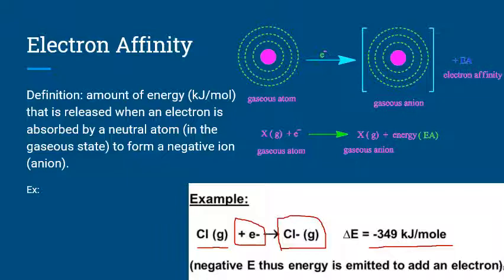That's what that delta E means. Delta means change, and E stands for energy. So the change in energy is negative 349 kilojoules per mole. And it's written as a negative because negative indicates that the atom lost it. So that energy is being released by the atom going out into the surroundings.